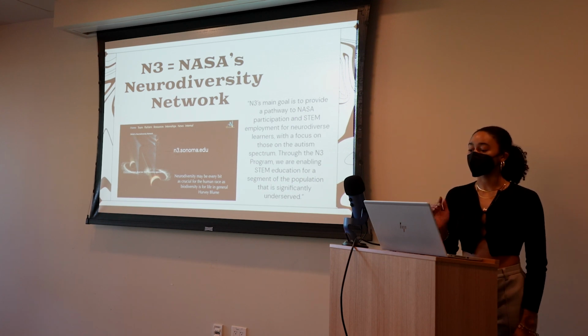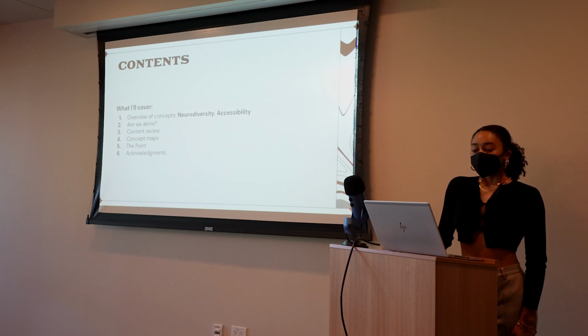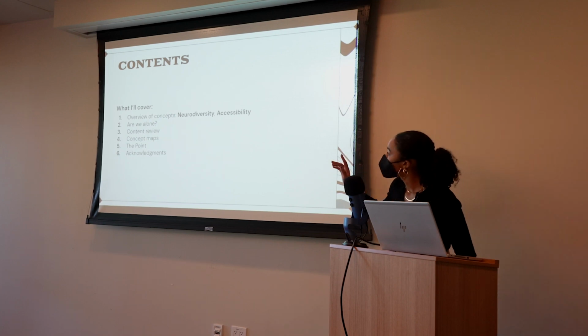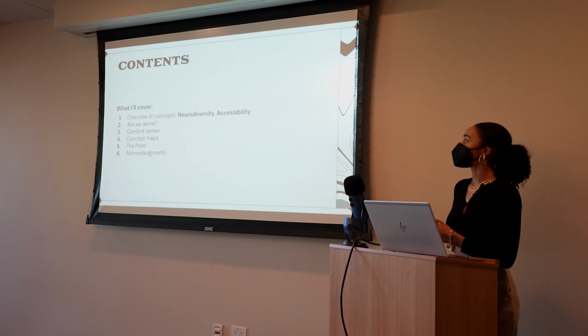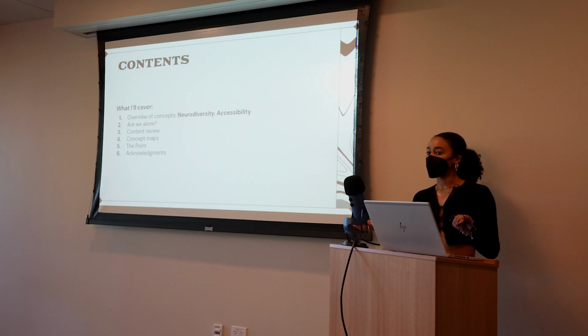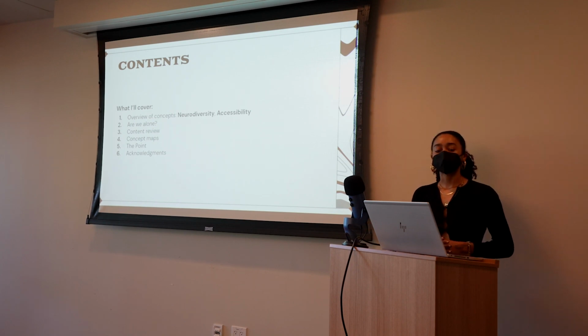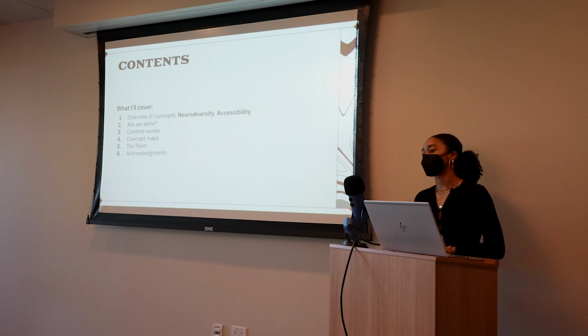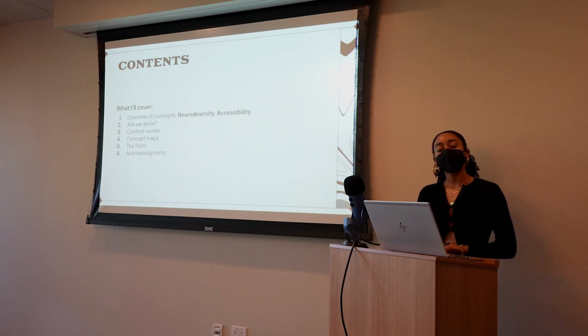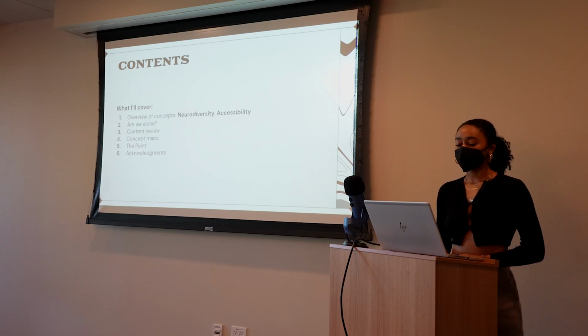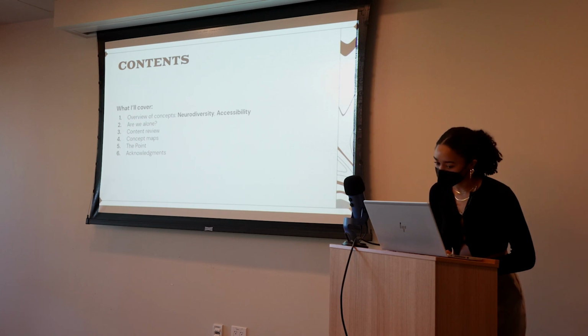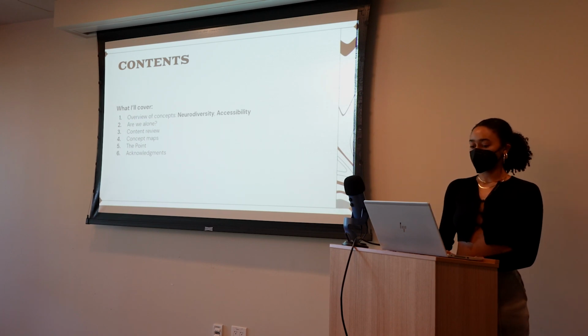So that's what I will be covering today, including some concepts such as neurodiversity and accessibility. What are those things? The question, are we alone, which is my driving question for this project. Some concept maps that I made, the point of my project, and acknowledgements.